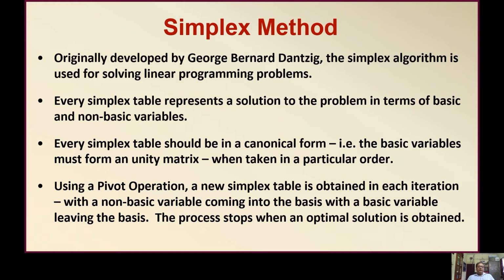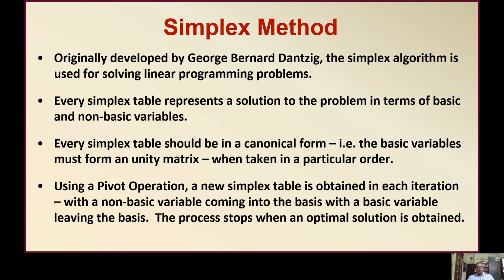One non-basic variable should be made a basic variable, and one basic variable should be made a non-basic variable. But the basic idea is that the equations must be in a canonical form, that is, the next simplex table should also have that unity matrix, which is achieved by the pivot operation, is it not?